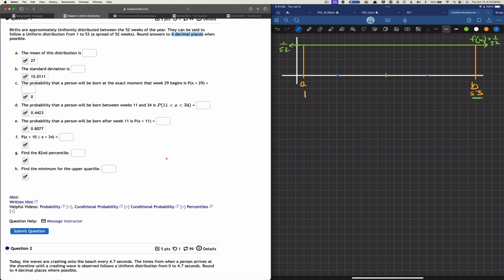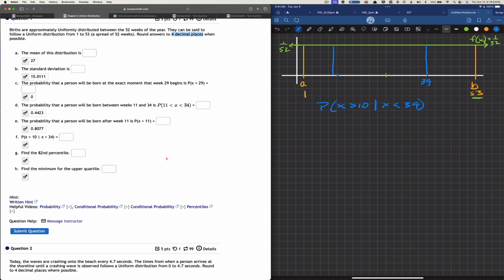So this is saying, what's the probability of x being greater than 10 given that x is less than 34? That is not the same as between 10 and 34.